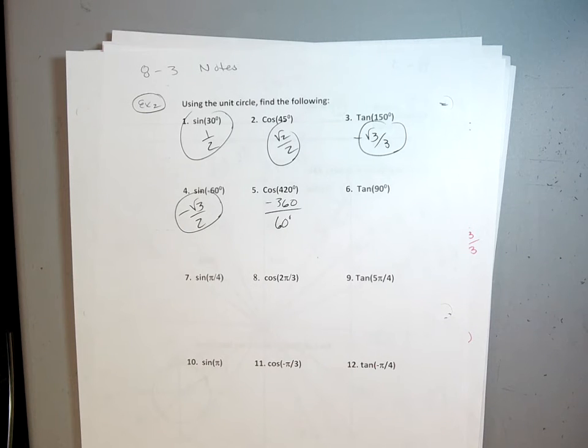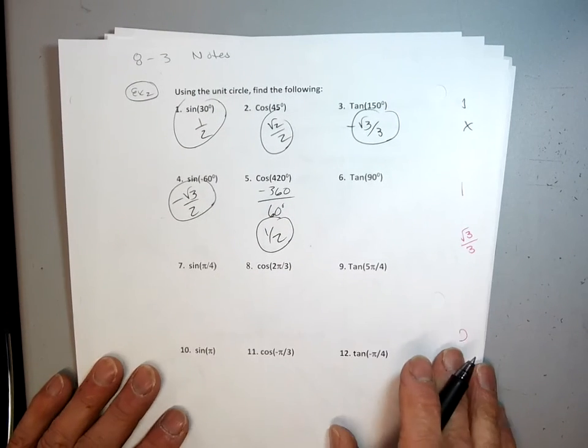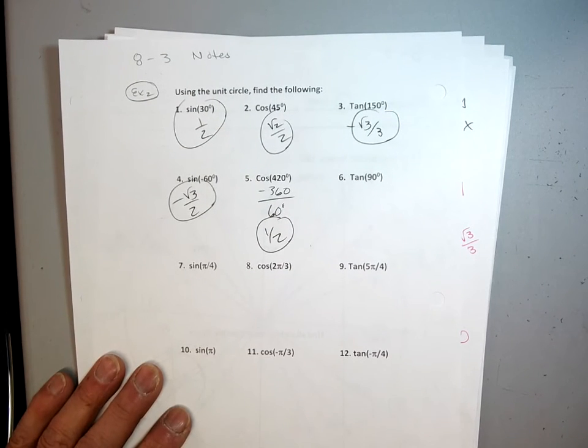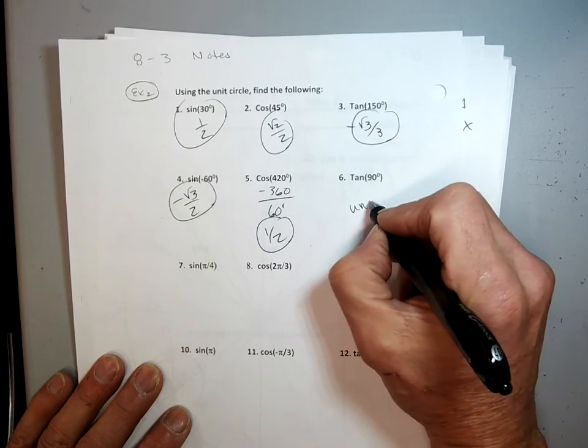I just went 360 plus another 60. What's the cosine value? 1/2. Okay, tangent of 90. What's tangent of 90? Undefined. Yep.